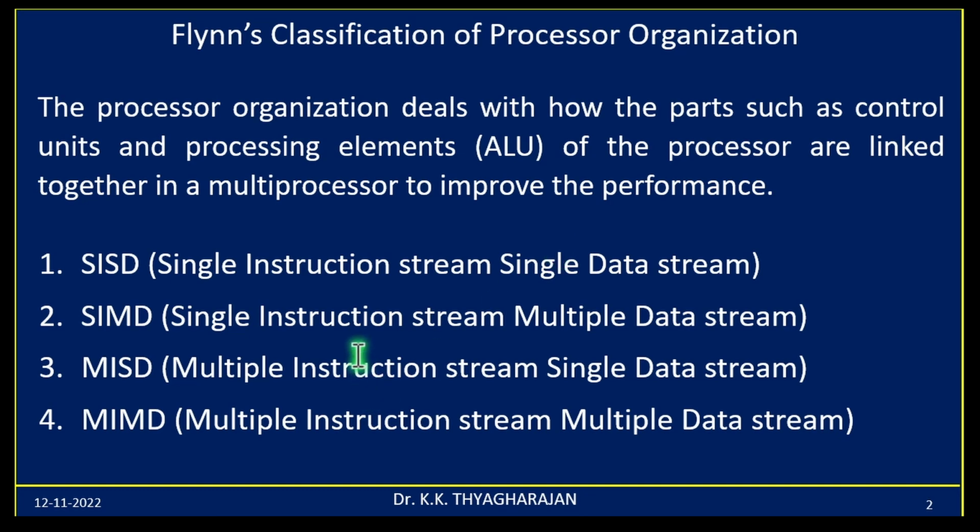Depending on that, we will classify the multiprocessors as single instruction, single data (SISD) processors, single instruction, multiple data (SIMD) processors, multiple instruction, single data (MISD), or multiple instruction, multiple data (MIMD). So you have four types of multiprocessors. Let us see one by one.